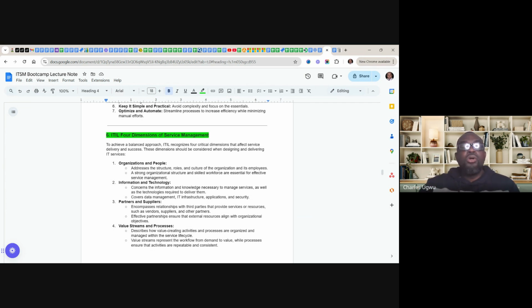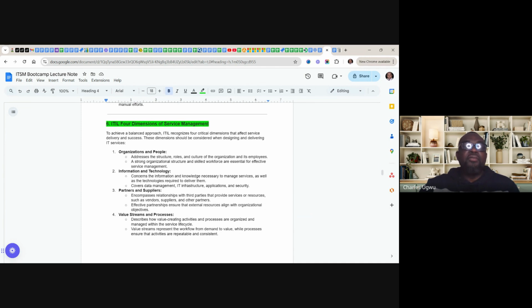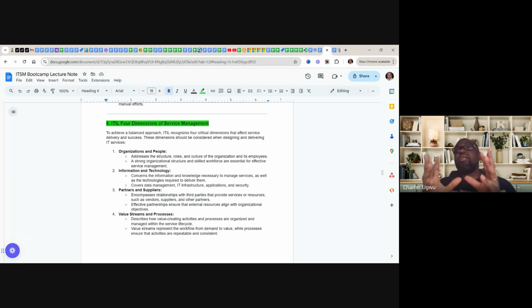So this is what we have under organization and people. Number 1, address the structure, roles, and culture of the organization and its employees. We try to understand the organizational structure, hierarchy, roles, and company culture.